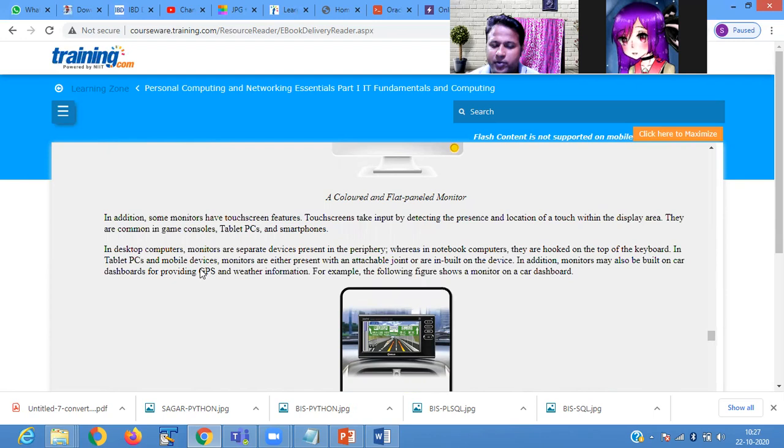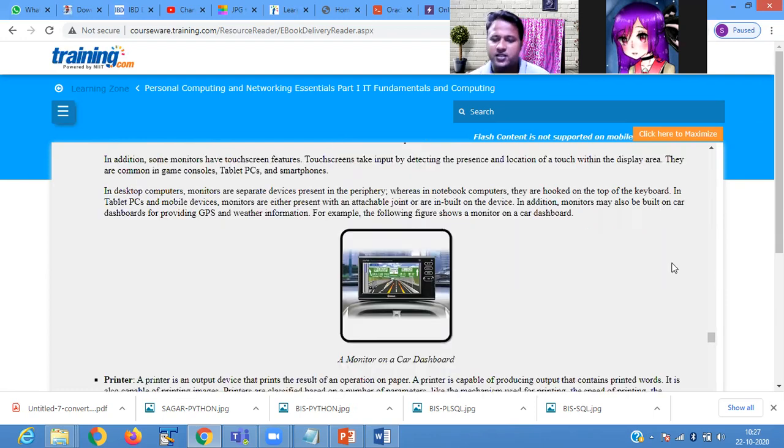In the desktop computer, monitors are separate devices present in the periphery, whereas in a netbook computer they are hooked on the top of the keyboard. So what does netbook mean? It's the same as your notebook. That is called the notebook that we're using.